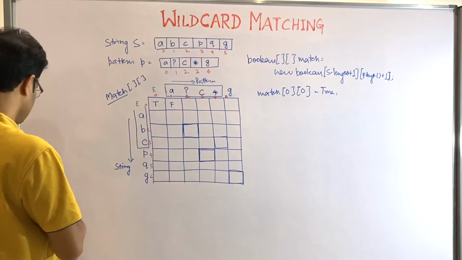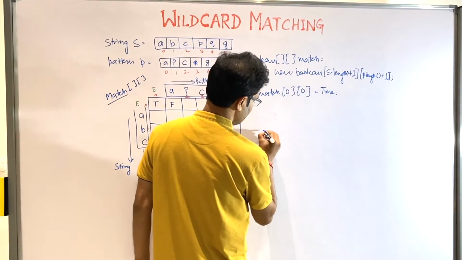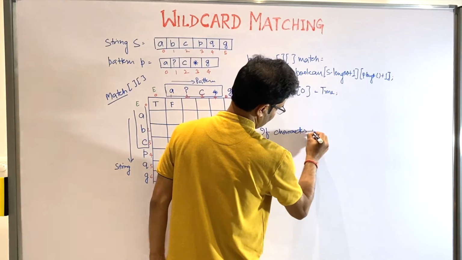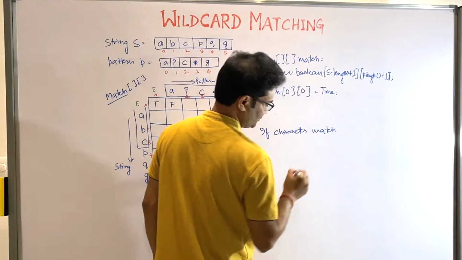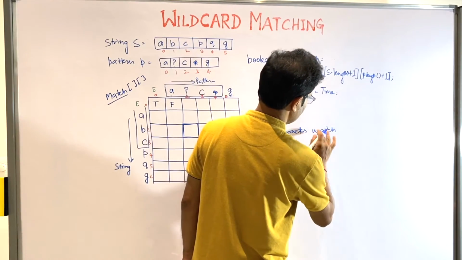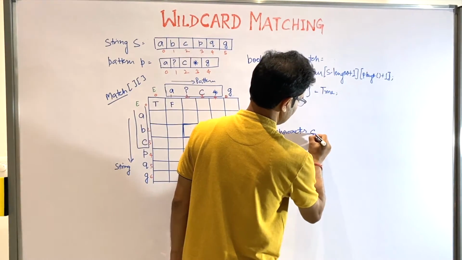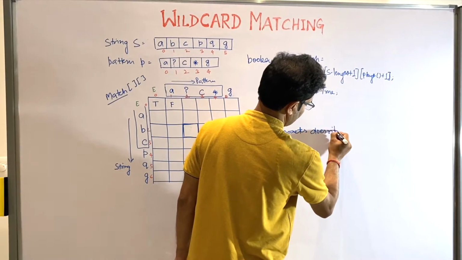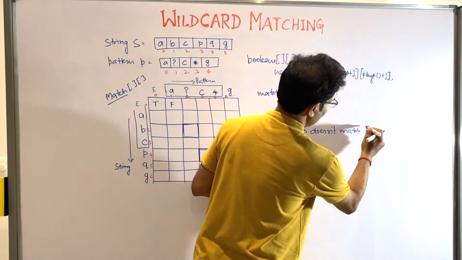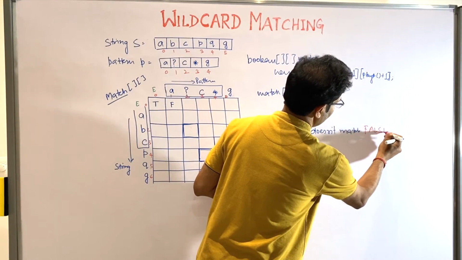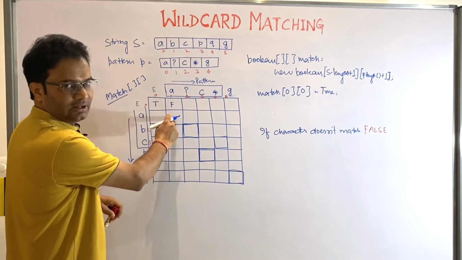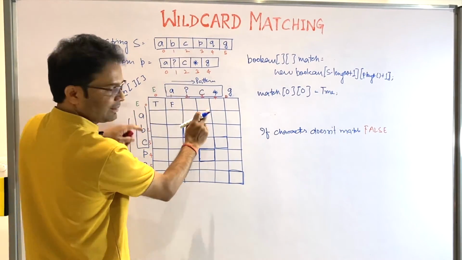First logic: suppose the character does not match, then we will use the false. Then no need to do anything, I will represent the false. It means suppose if this one and this one is not matching, I will say false.